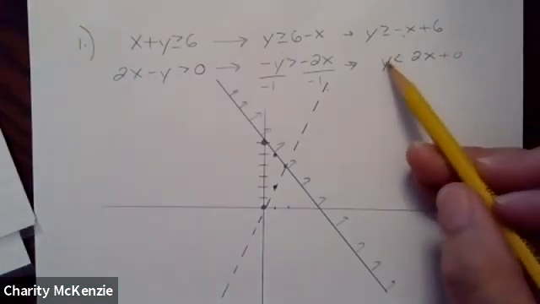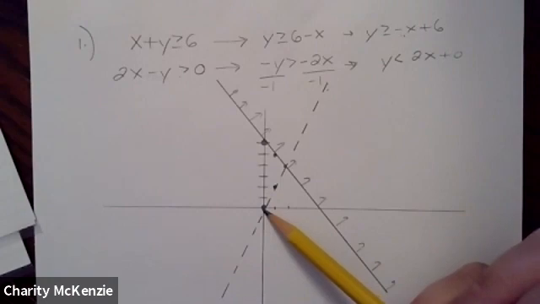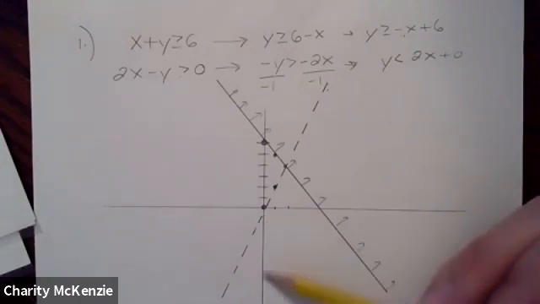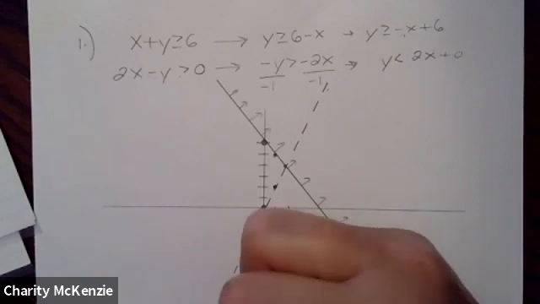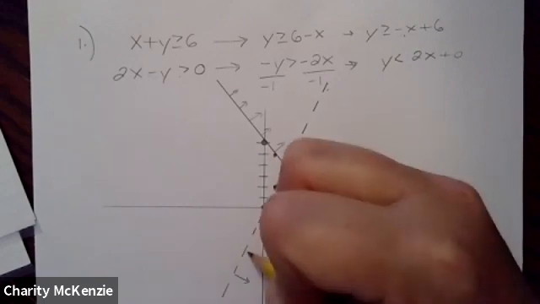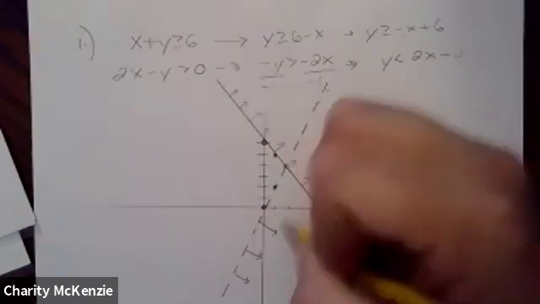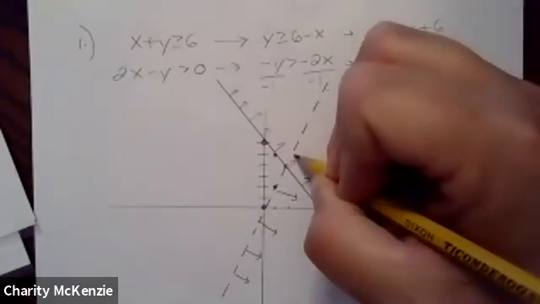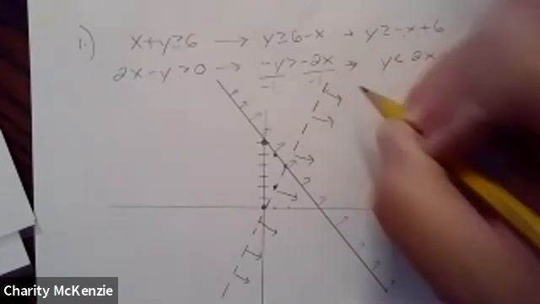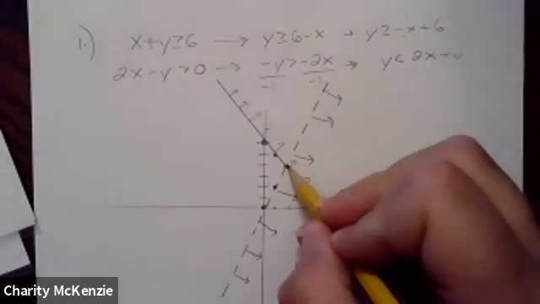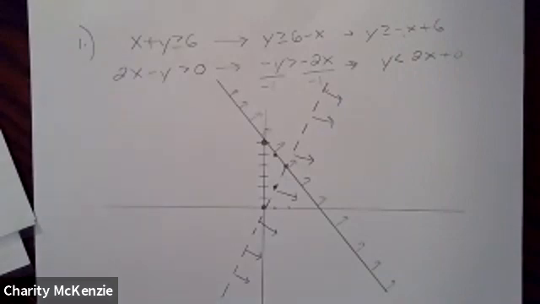Now this one is less than, so I go to the Y, and the side has to include this line here. So less than is going to be pointed this direction. Okay, so I'm going to do the little arrows. All right, so if we look, they cross here. That's our solution to systems that we've done before.